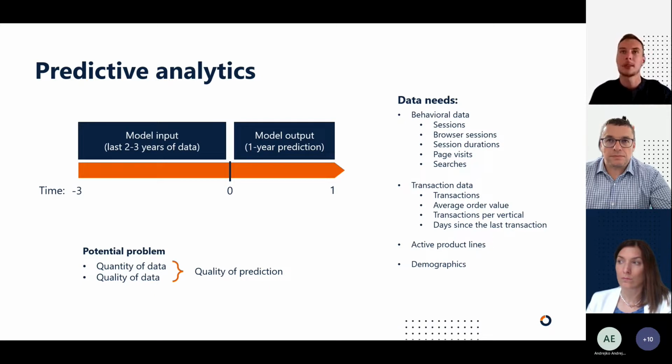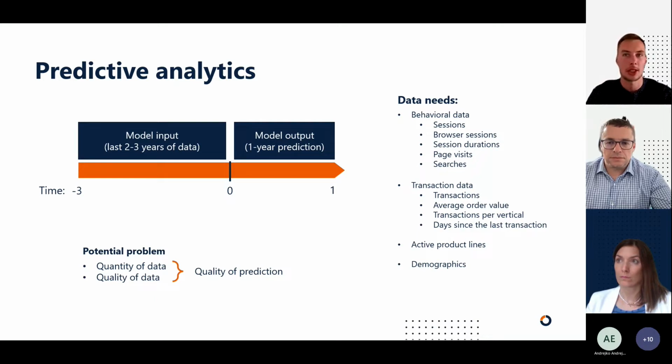The data that we need for this predictive analytics is mostly behavioral data. So some browser sessions, for example, or the durations of the sessions of the particular customer, the page visits, so which pages the customer has visited and when, and what he or she has been searching for.